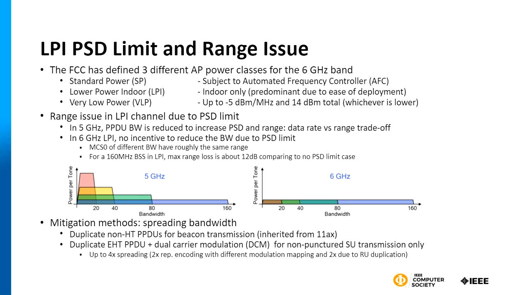Because, for example, at 2.4, you can only operate in 20 megahertz. At 5, you can operate up to 160. At 6 gigahertz, you can also operate in 160. 6 gigahertz is freer. 5 gigahertz is less free. 2.4 is busy. So, there are a lot of things to consider in channel selection.